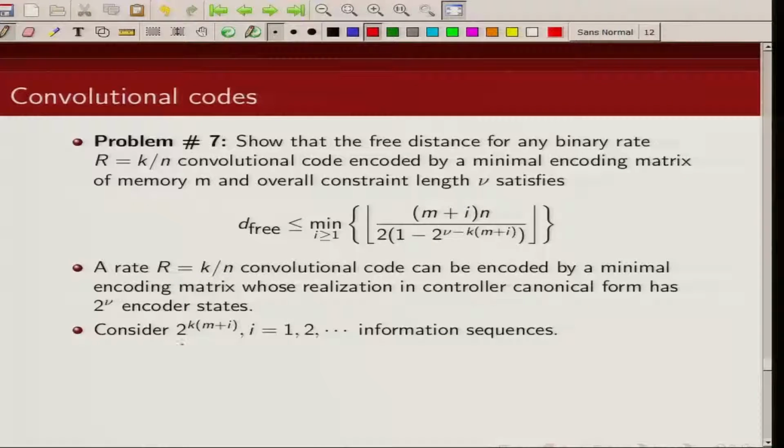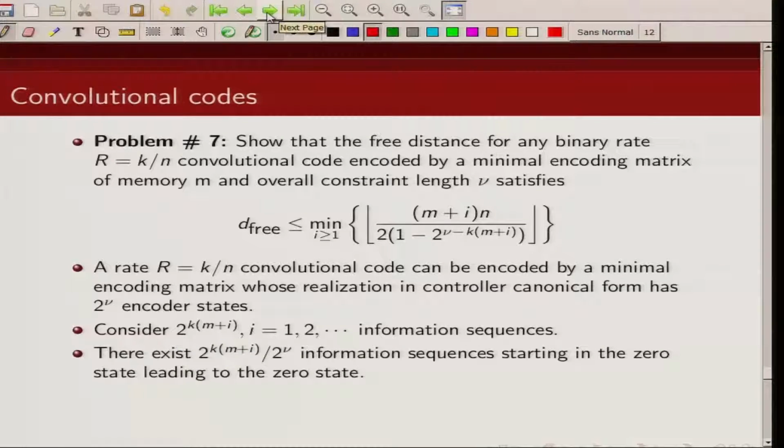Now, if we consider 2^(k(m+I)) information sequences, then there exist 2^(k(m+I))/2^mu information sequences starting at 0 state leading to all 0 state.